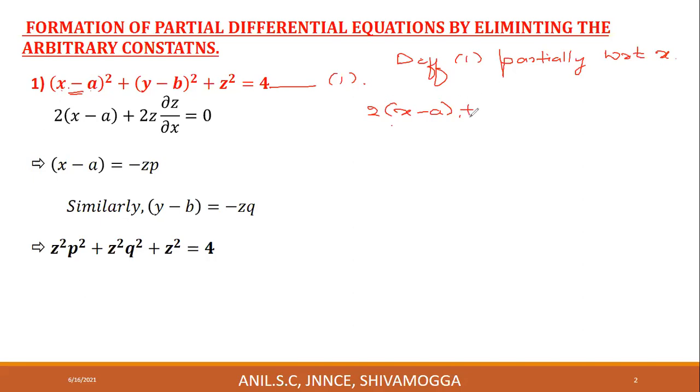Plus the derivative of (y − b)² with respect to x partially. This is partial differentiation with respect to x, therefore y must be treated as constant. (y − b)² is a constant, therefore its derivative must be 0.